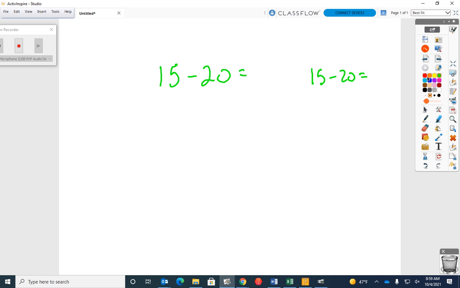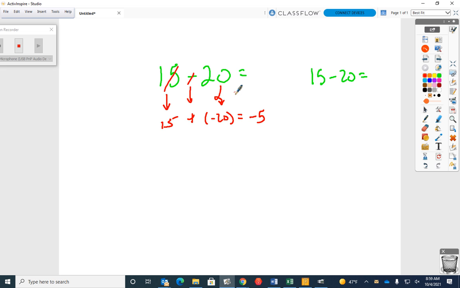If I do it that way, this is copy, this is addition, and what's the opposite of 20? If I have 15 and I owe 20, do I still owe money? Yeah. So this would be negative 5. I would probably do it this way, just to stay consistent.